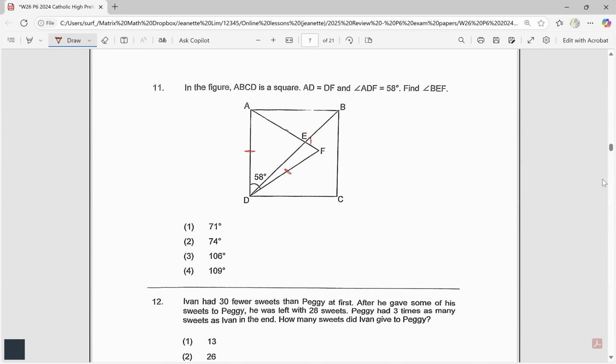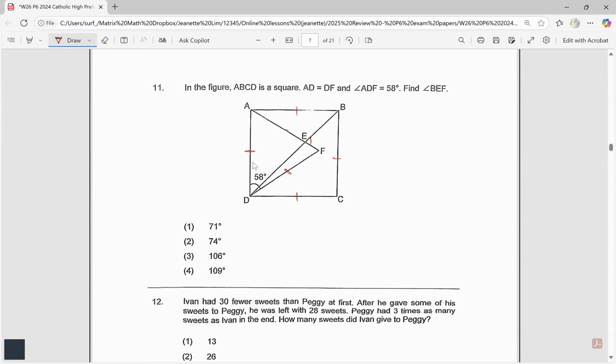Okay, so firstly, let me just mark out all the equal sides. Firstly, I have an isosceles triangle here. And we also have a square that is being cut in half. So ADB will be 45 degrees.